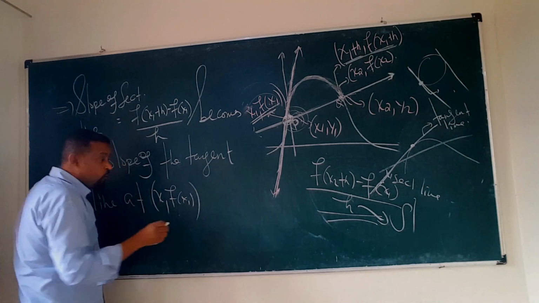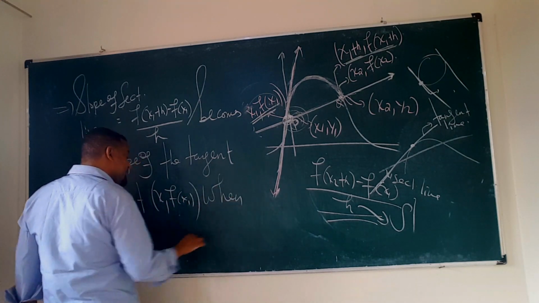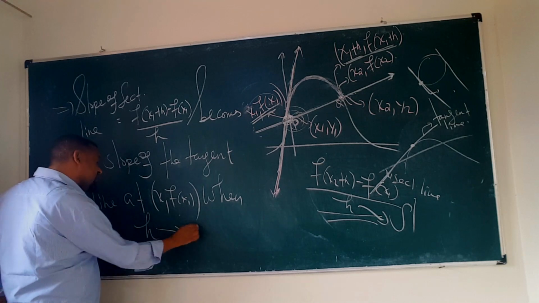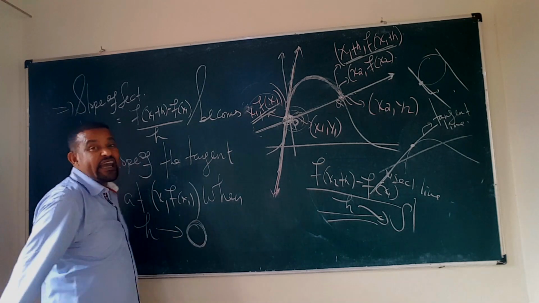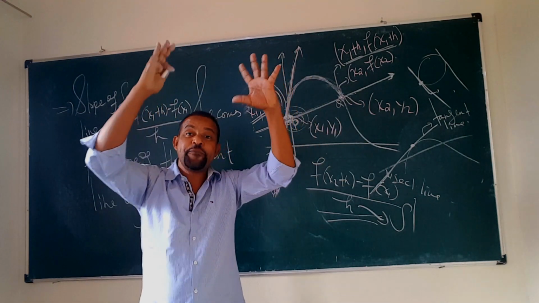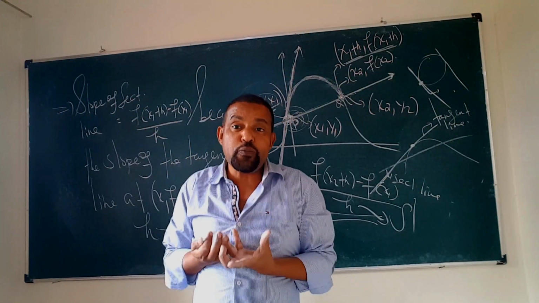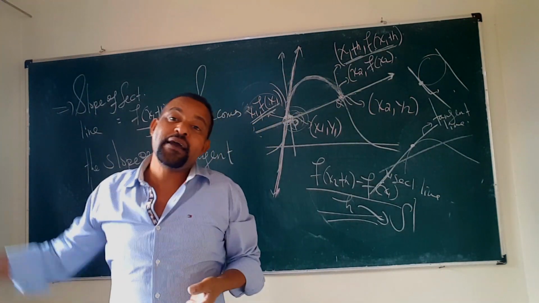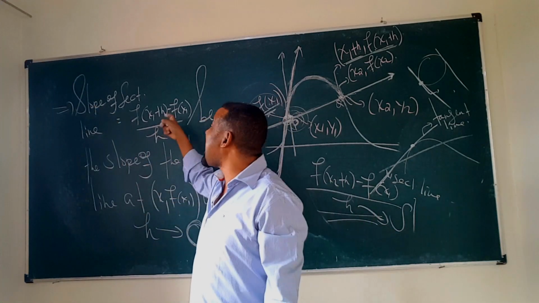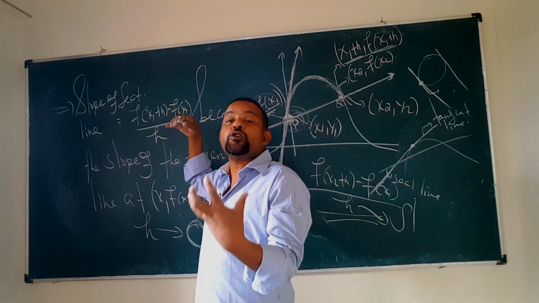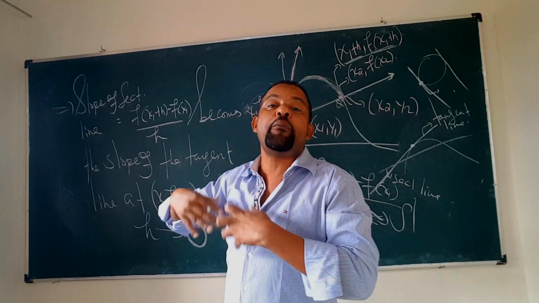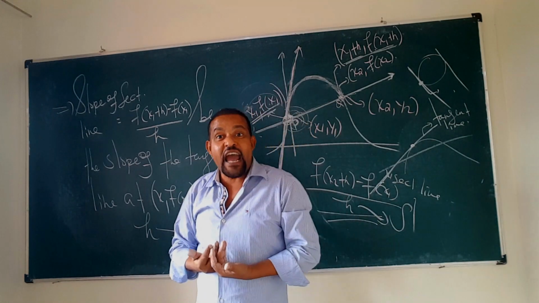When what? When h is getting closer and closer to zero. ስለዚህ የh ዋጋ ወደ ዜሮ እጅግ በጣም ሲቀርብ የሴካንት ላይናችን ስሎፕ የማን ስሎፕ ወደ መሆን ይሄዳል? የታንጀንት ላይኑ ስሎፕ. Because the 2 points P and Q are going to be point of tangency after they are what?